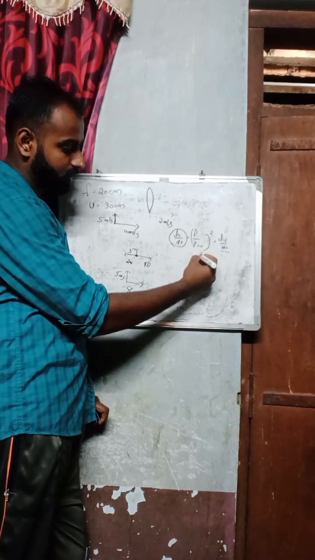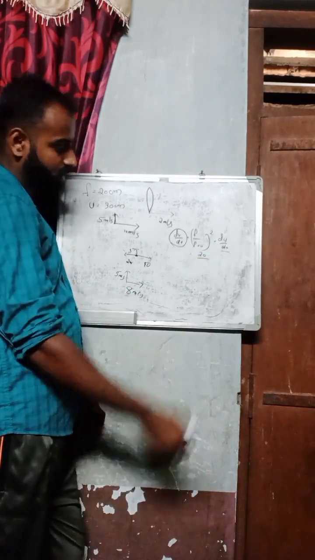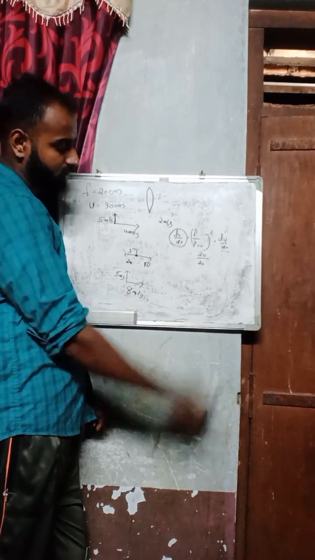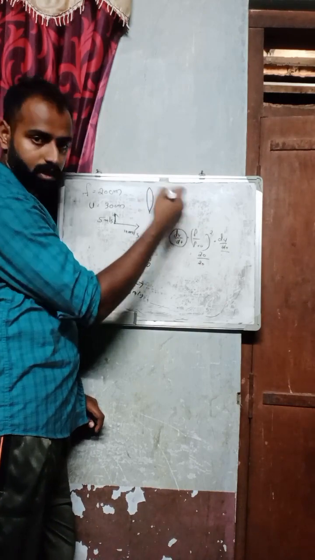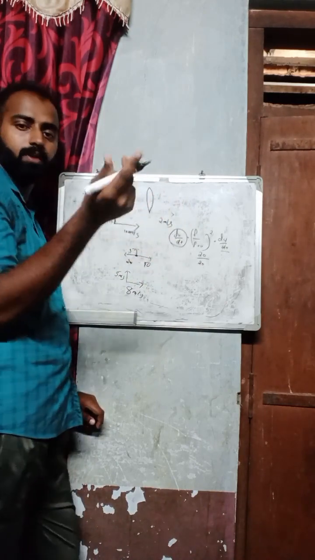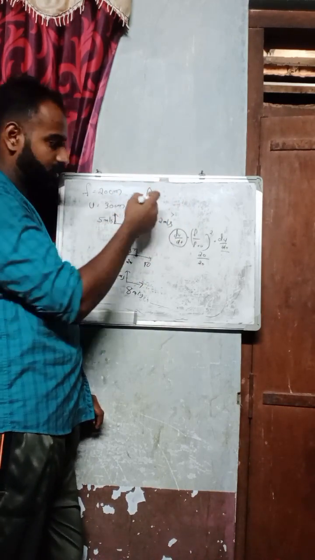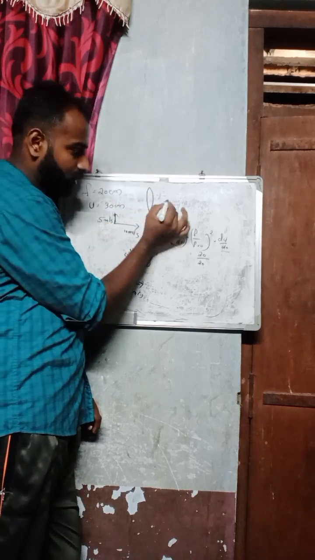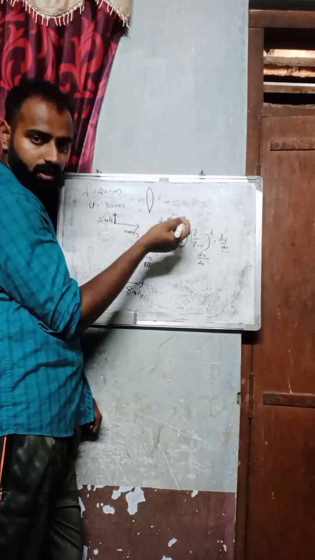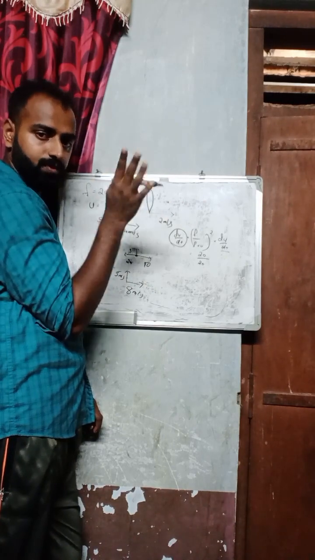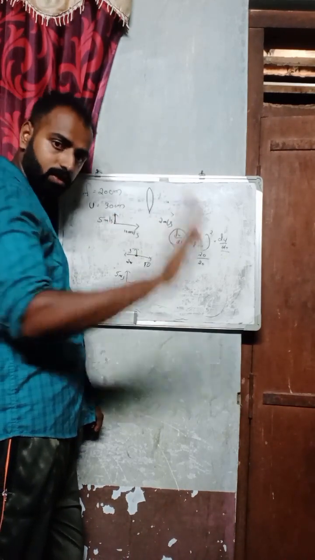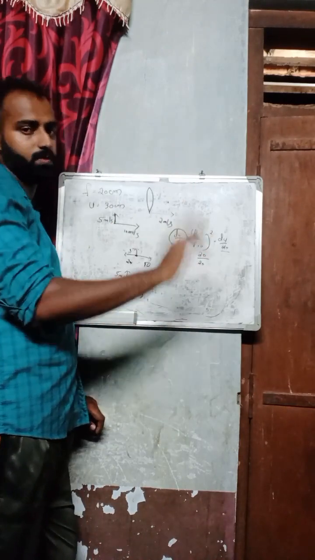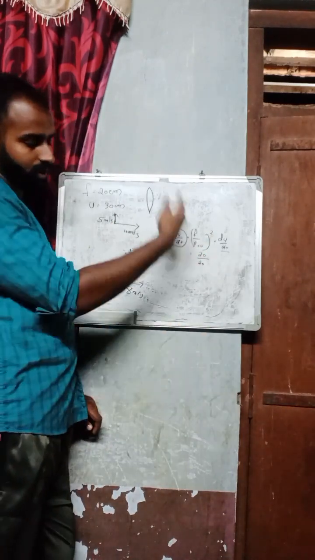f is given as 20. This is the focal length of the second focus. In most problems the focal length is for a convex lens and it is given for the second focus, so obviously in most cases the focal length will be positive, or else it will mention. If it is the first focus, it will mention.